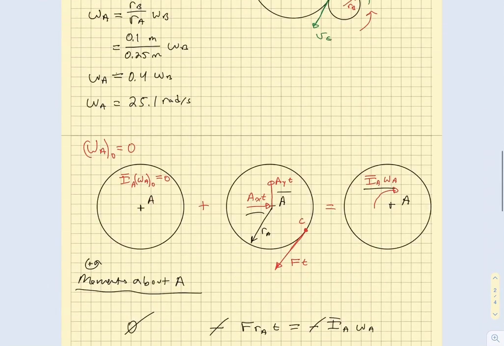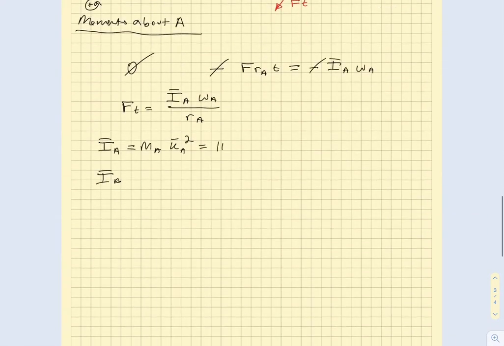I think I did. No, it's not a disk. Okay, I'm getting confused here. So this is not 1/2, it's just the mass multiplied by K bar A quantity squared. This would be equal to the mass of A, which is 10 kilograms, and K A is 0.2.